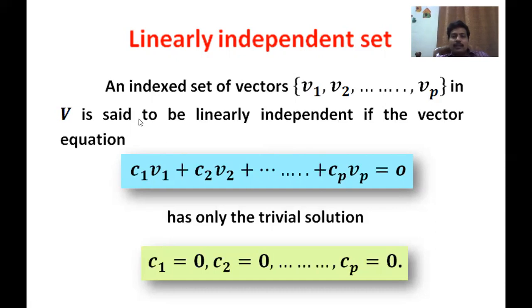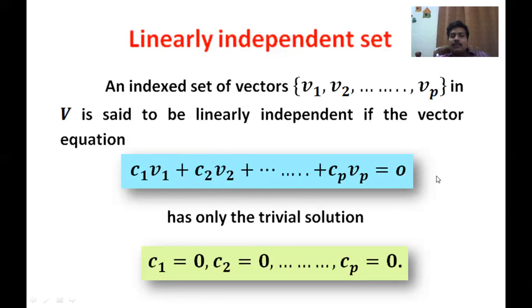Whenever you are taking an equation like this, c1 v1 plus c2 v2 plus so on, cp vp is equal to 0, for example, let us take a 5 rupee coin and a 2 rupee coin. So here my v1 is the 5 rupee coin and v2 is the 2 rupee coin.